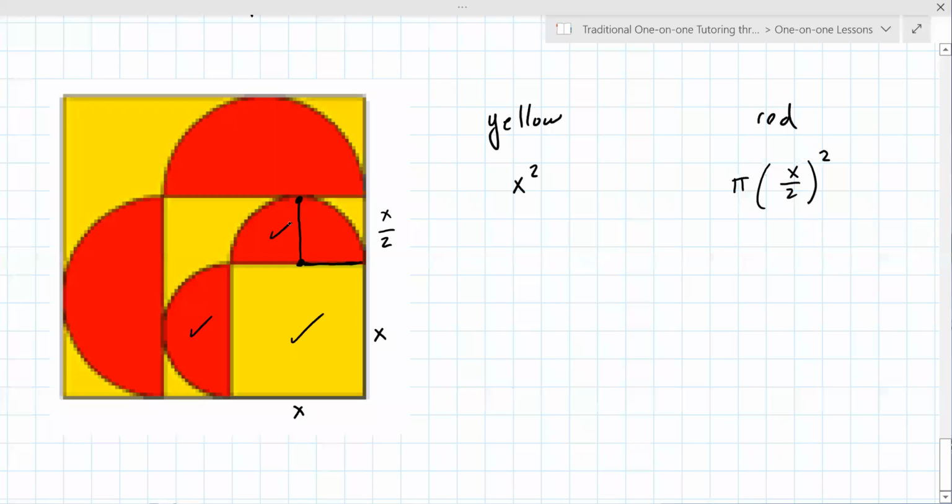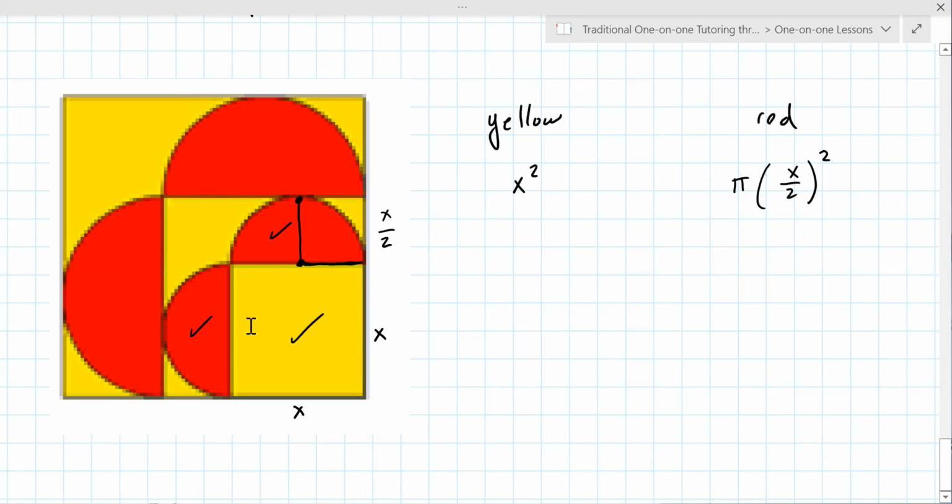Now the next yellow, this region here and the one here, is a subtraction. It's the area of the whole square, subtracting out the circle and subtracting out the other one.